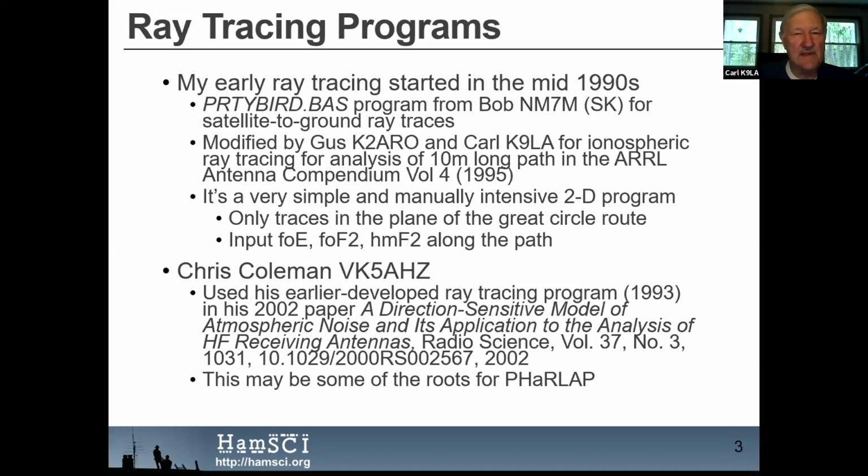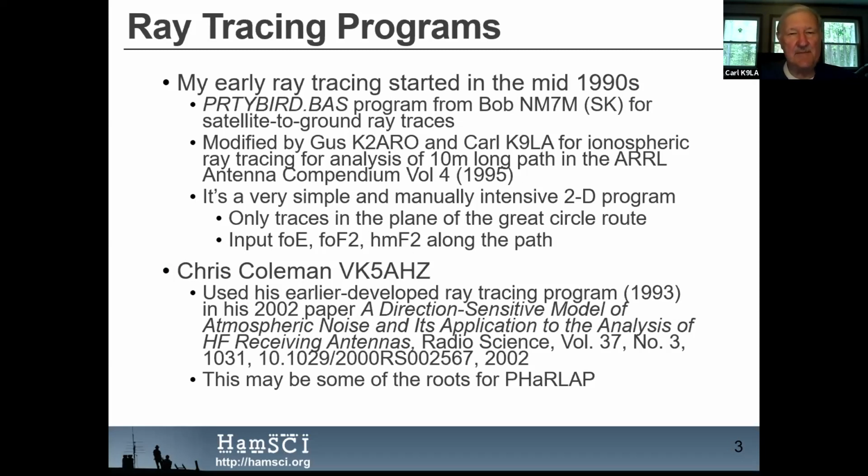Now, I started ray tracing many years ago, in fact, in the mid 1990s. And Bob, NM7M, who was a silent key, was a professor of physics at Berkeley. And he wrote a program called PrettyBird.Basic. And he was doing ray traces from satellites to ground level.